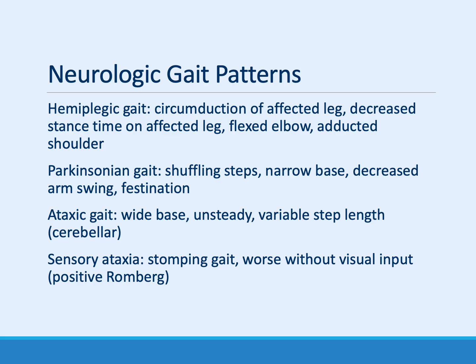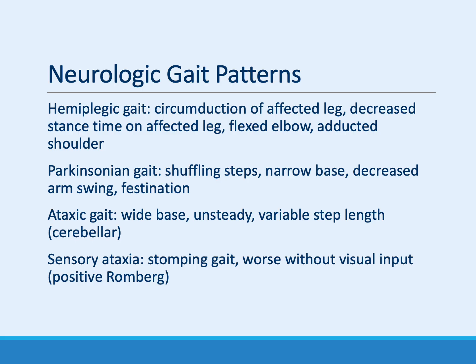Other patterns that they might talk about can be steppage gait with foot drop. Can be due to many neurologic factors, whether that's going to be neuropathies or CVA or TBI or even lower spinal cord injuries.